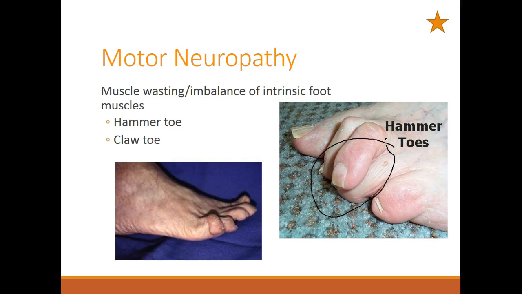You don't want, say, if those toes are sweaty, trapped moisture there, can lead to skin breakdown, increased risk for infection. So if you have a patient like this, what you will need to do is to place cotton in between the toes to help separate them, or you can use natural wool as well.